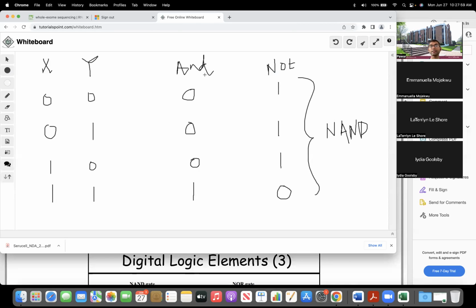So a NAND gate is AND followed by NOT. AND is multiplication, NOT is the opposite. In the exam, I will give you variables X and Y with different values.